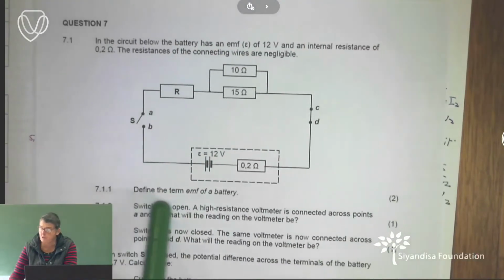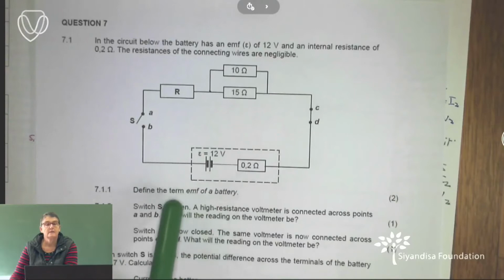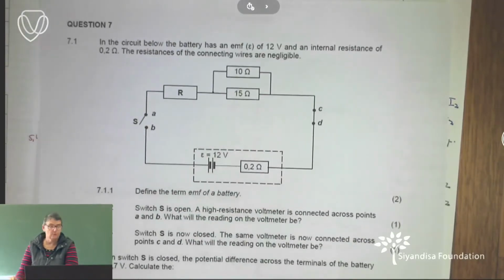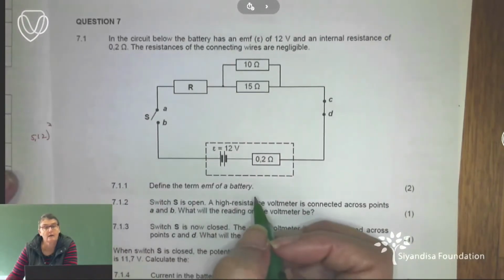Right, the first question they ask here is define the term EMF of a battery. And remember I said to you that was a definition that we didn't have. So let us quickly write it down.